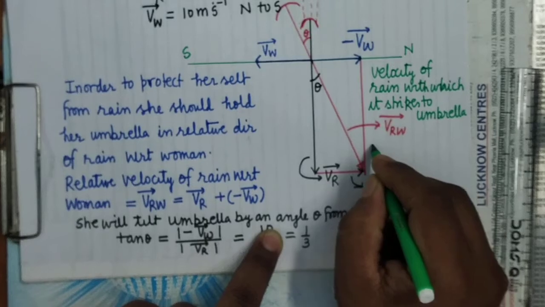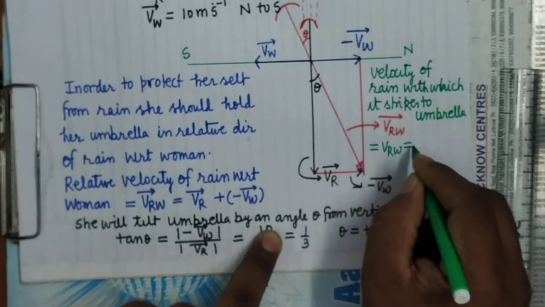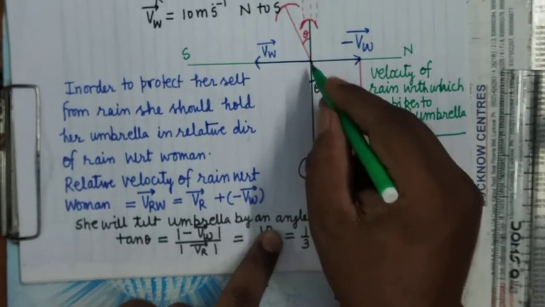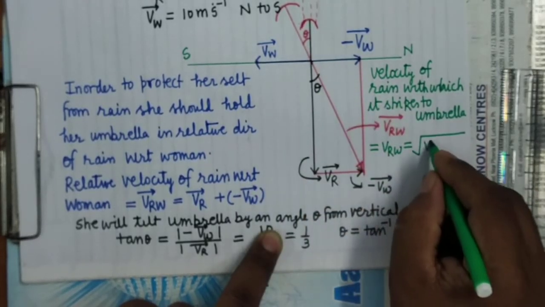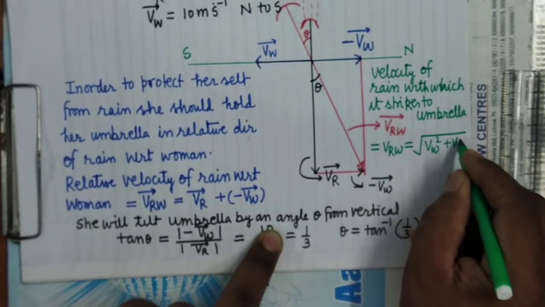So it is equal to VRW. How will you find VRW? It is the square root of VW square plus VR square.